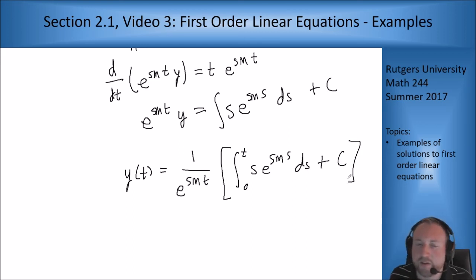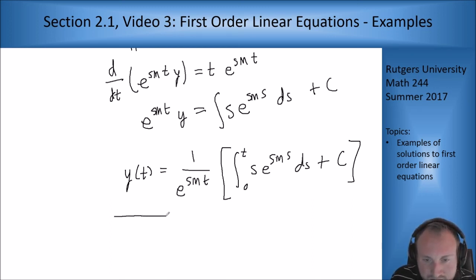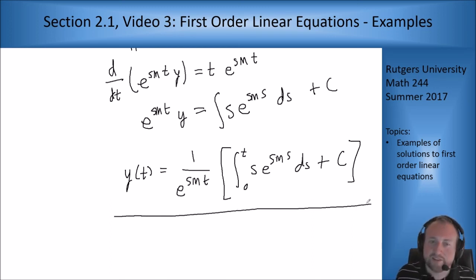And this would be something you could then solve out numerically or use some sort of solver to graph the curve, but you can't really do much more analytically at this point because there's no way to actually integrate s e to the sine of s. So this one you kind of have to leave as it is, which is kind of unfortunate, but it is what it is for the problem. Leave that one as is, and that would be your answer for this problem.